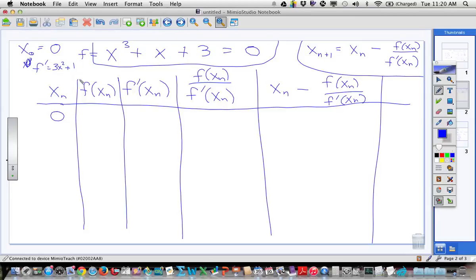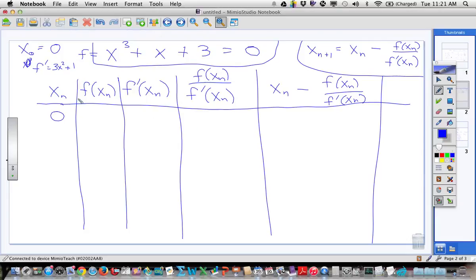So type in x cubed plus x plus 3 and hit enter. And nothing should happen. It should just be there, right? And now type in 3x squared plus 1 and hit enter. And what we're going to do is do a vertical bar kind of thing here, so we can quickly plug these values into f and f prime. So you can go up and grab them. All right. So get your f in there, get your f prime in there.